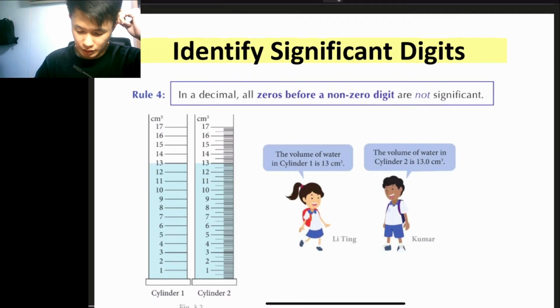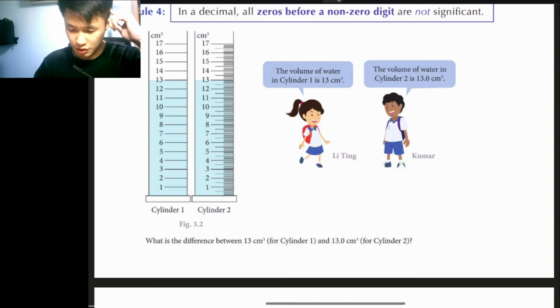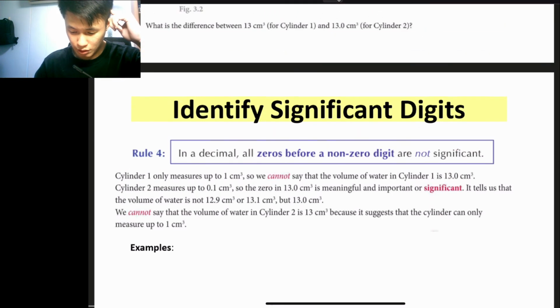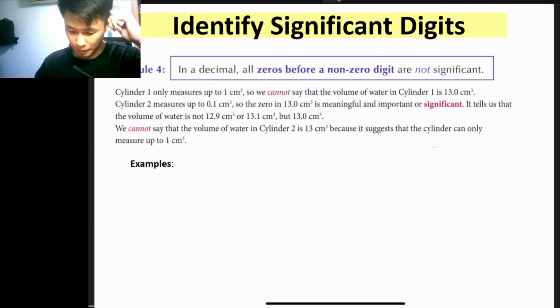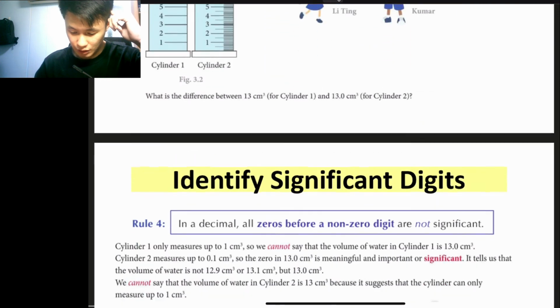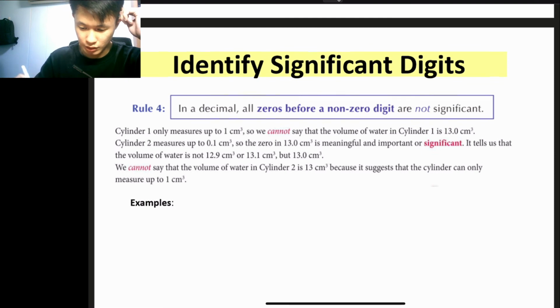Now let's look at this. In a decimal, all zeros before a non-zero digit are not significant. I don't think this example is quite right, but let's just look at the rule.